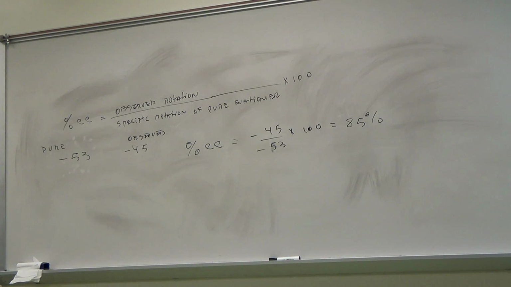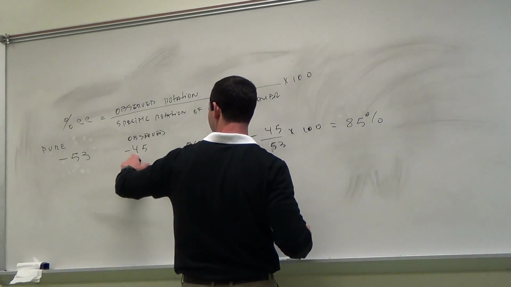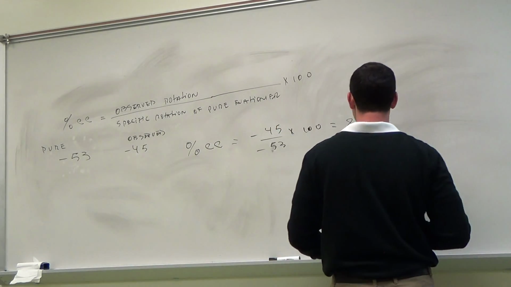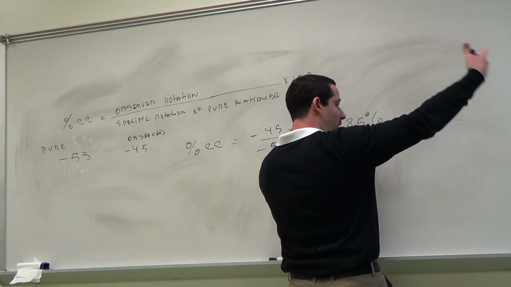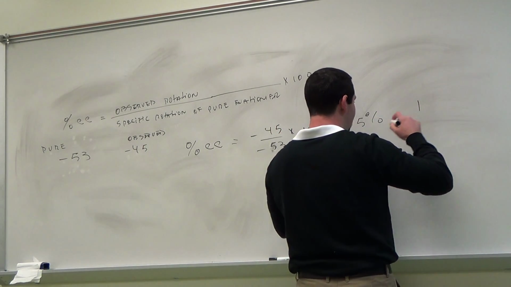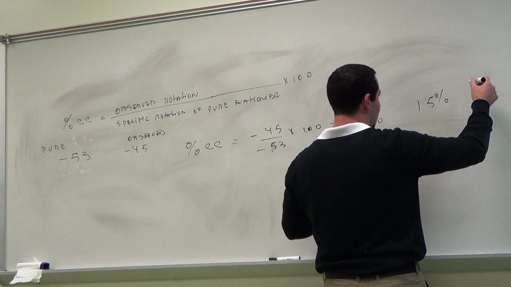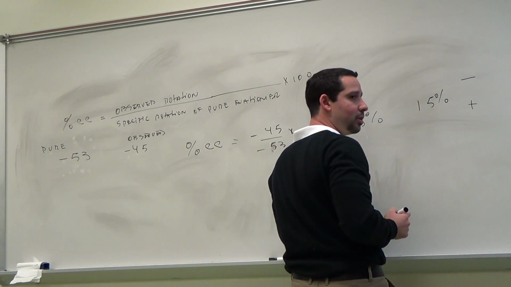So this is 85% of which one? Of the one that is negative, whatever that is, R or S, it doesn't matter. 85 is the excess. So the rest of it, how much is it? 15%. Half of that is negative, and half of that is positive.